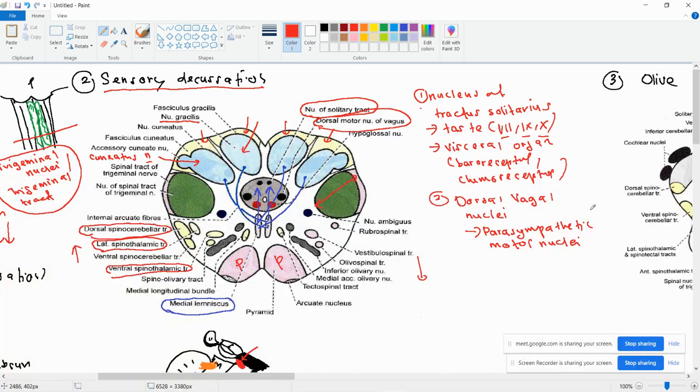So everything is basically under the influence of the dorsal vagal nuclei.